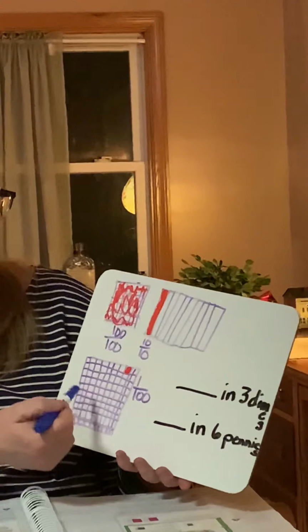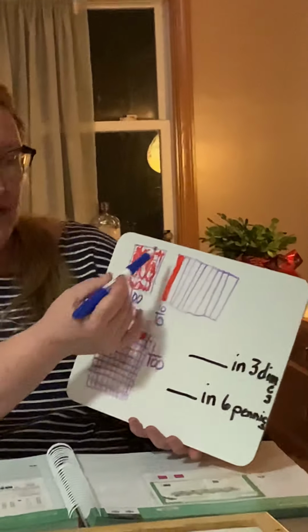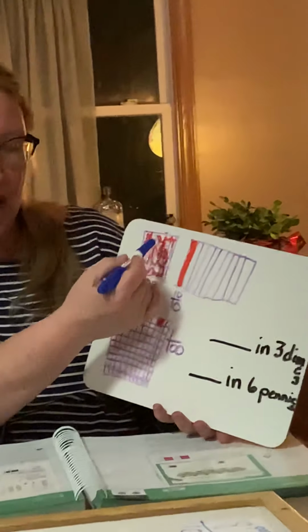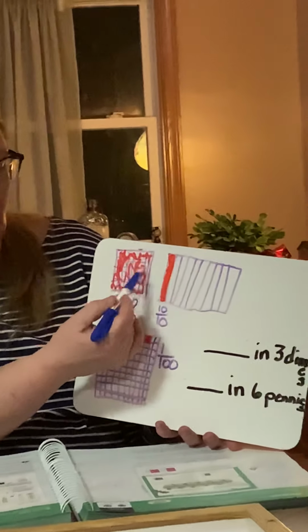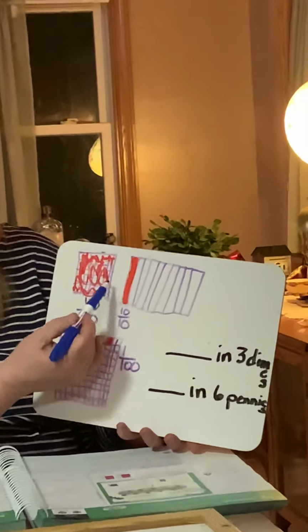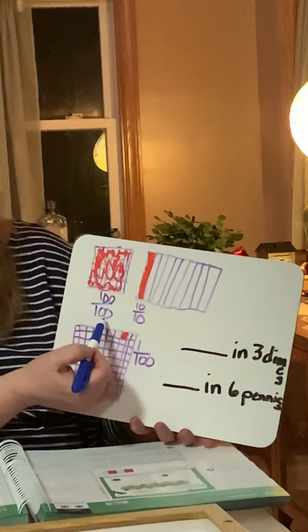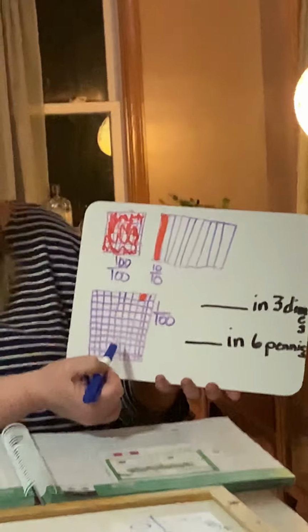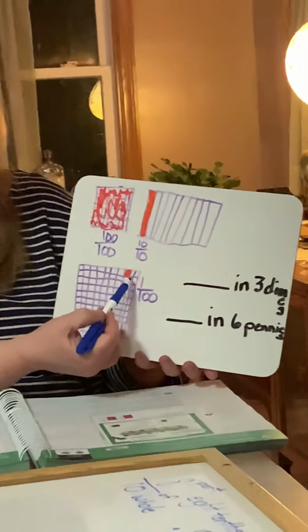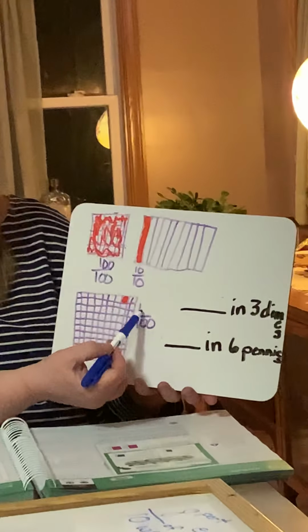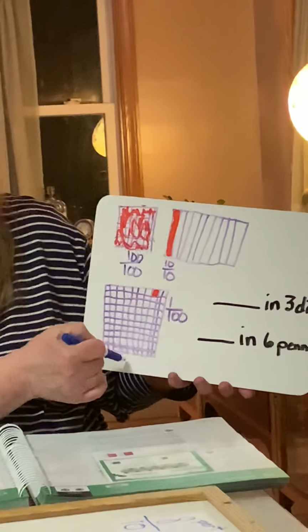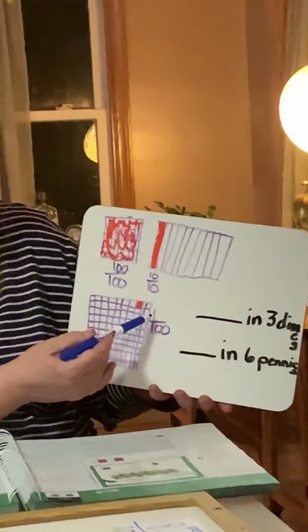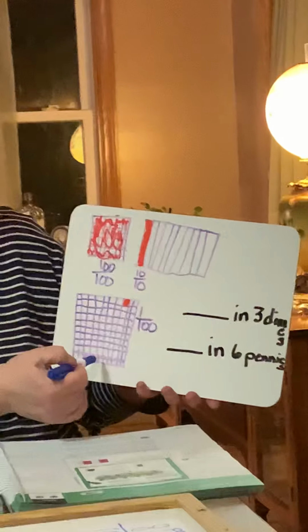So if I had a whole one of these boxes shaded in like red, I know it's not pretty, but consider this a whole one shaded in, I would have a whole, or 100 hundredths. Down here, if I just had one shaded, I'd only have 1/100th. Maybe I had 7 shaded, then it would be 7 out of 100, okay?